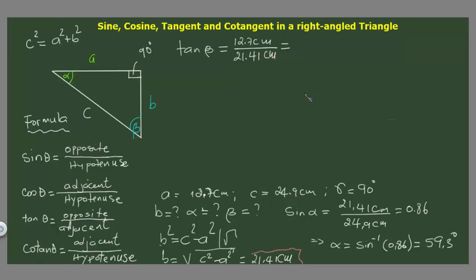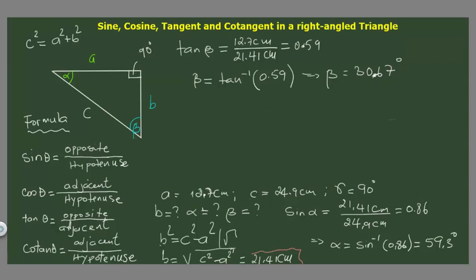As we did here, beta equals tan to the power of minus 1, the arc tan, of 0.59, and that gives us an angle of 30.67 degrees. That's how we have beta. We already have alpha here.